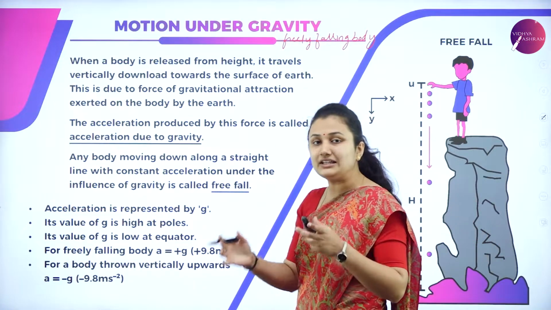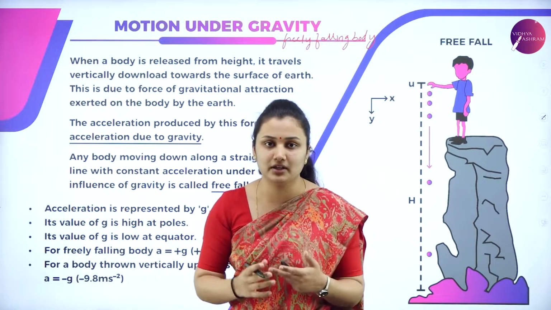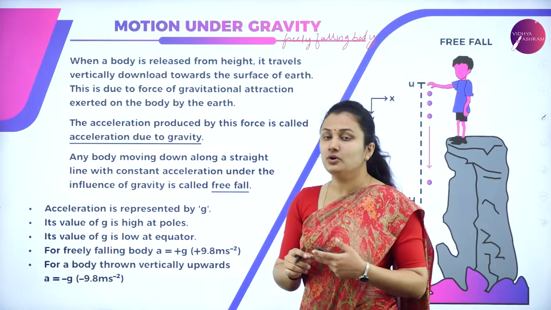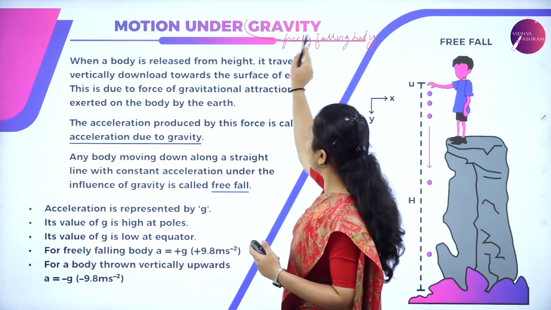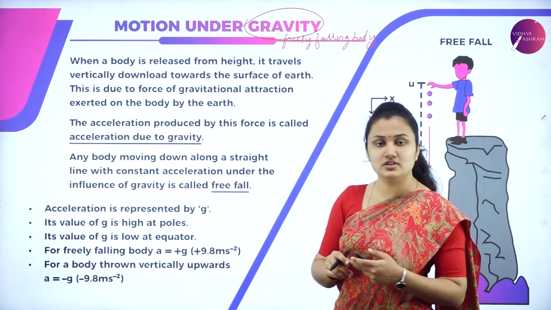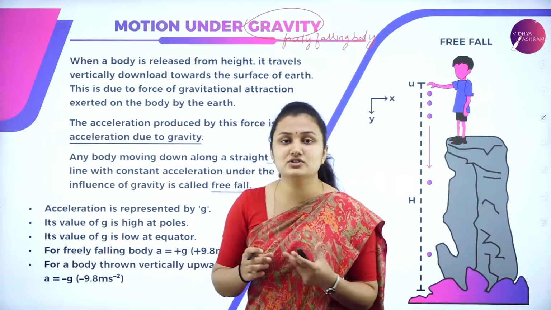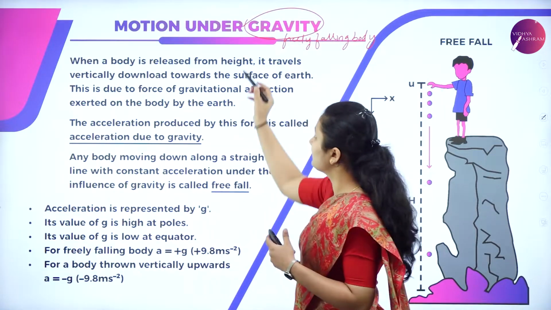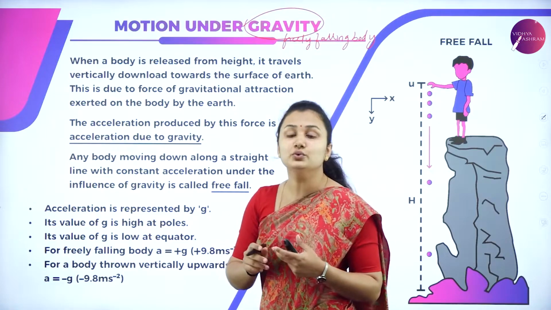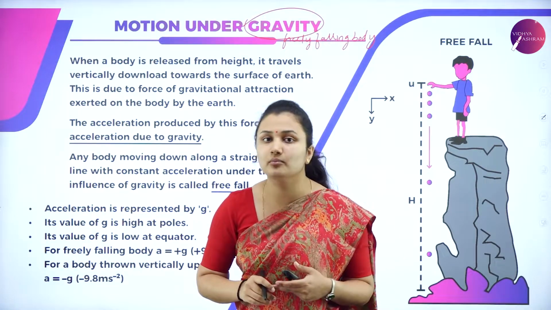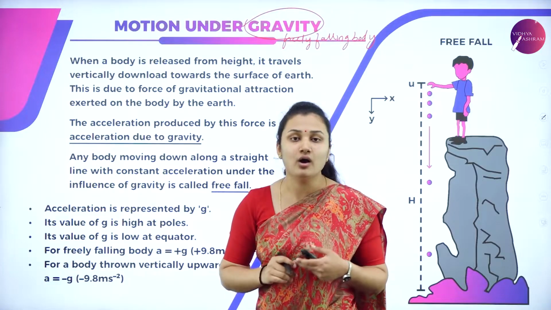Motion under gravity is not a complex topic to understand. You are aware of what is gravity, gravitational force. The motion under gravity is nothing but the uniformly accelerated motion exhibited by the object.